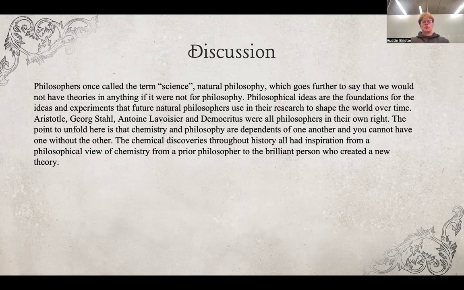So the point to unfold is that chemistry and philosophy are dependent on one another, although you can have philosophy without chemistry, you cannot have chemistry without philosophy. The chemical discoveries throughout history all had inspiration from a philosophical view of chemistry from a prior philosopher, and then just got refined by a brilliant person that created a new theory.